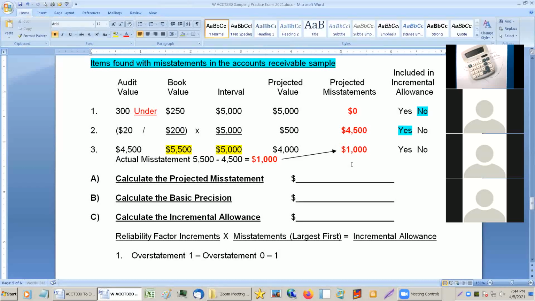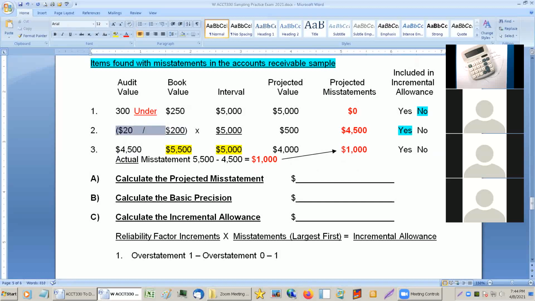And again, even though we look at it for our rejected misstatement, this one is an actual misstatement. We're going to include it with a rejected misstatement along with the other ones, but that's an actual misstatement. For any item in the sample, for instance this one, the actual misstatement is really only $180.